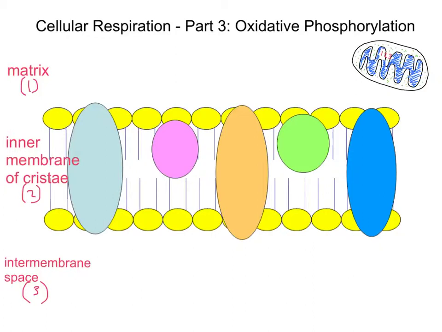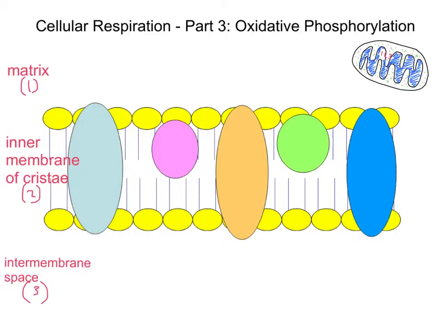So what I said was that through Krebs we produce a good amount of reduced NAD and FADH2. So we need those coenzymes, because what we're going to do now is oxidize them to produce energy.